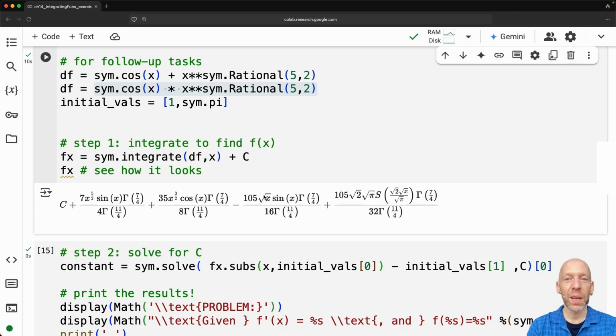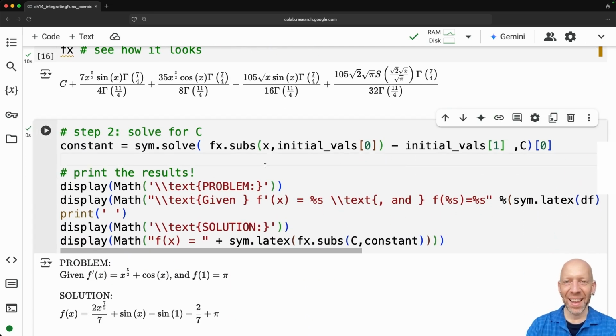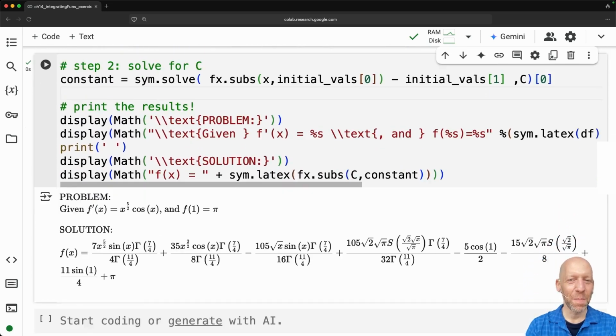The gamma function is kind of similar to a factorial. You're probably familiar with the factorial function where, for example, the factorial of the number 5 is 5 times 4 times 3 times 2 times 1. The gamma function is a little bit similar to that, but it's quite a complicated expression. Let's see if we can solve this one.